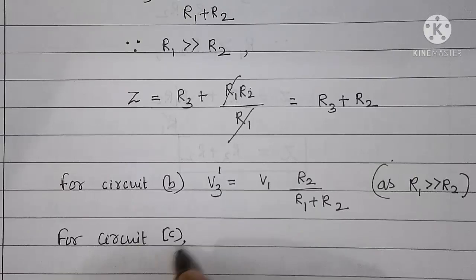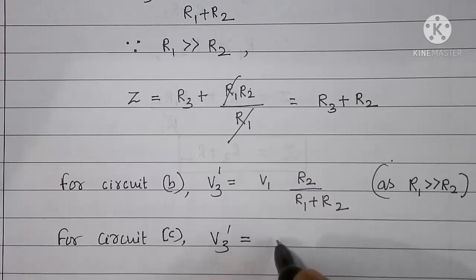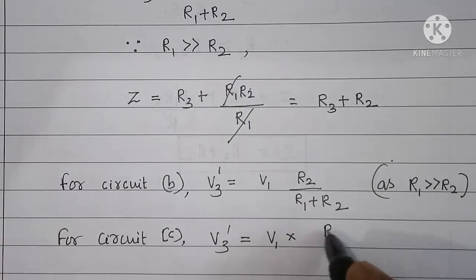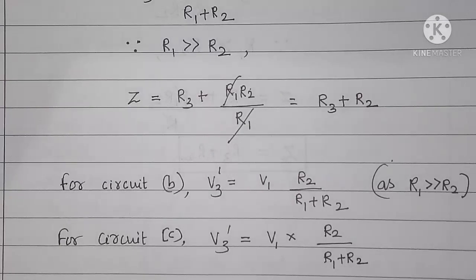For circuit C, V3 dash is equal to V1 into R2 divided by R1 plus R2 into half.